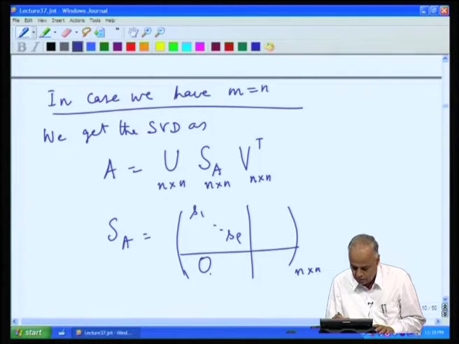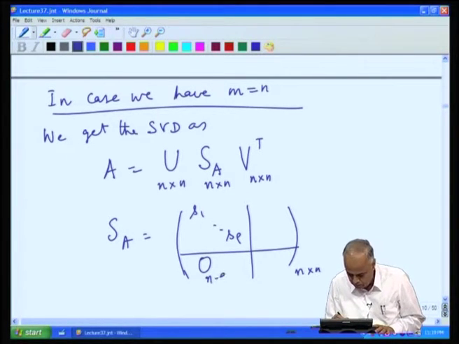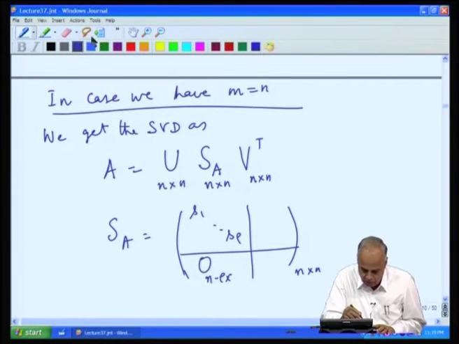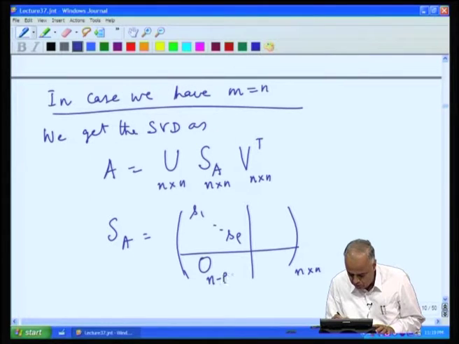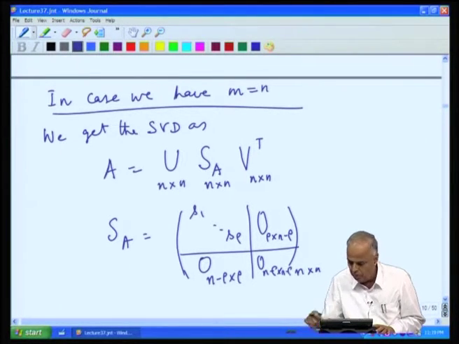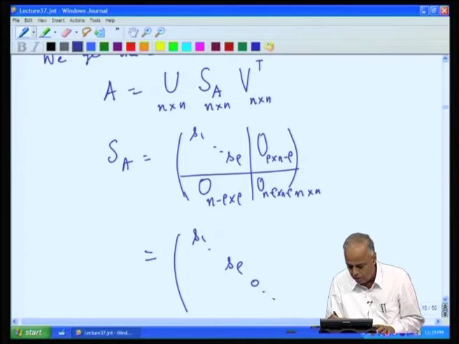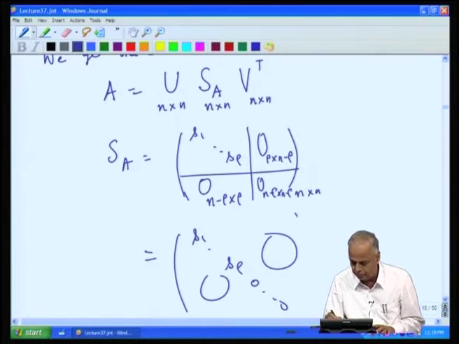The remaining number of rows is n minus rho, and the remaining columns is n minus rho, which simply means it is the diagonal matrix S 1, S 2, up to S rho, and all the other entries are 0.